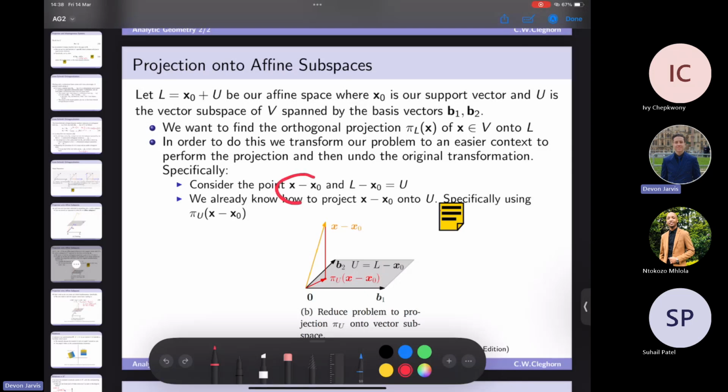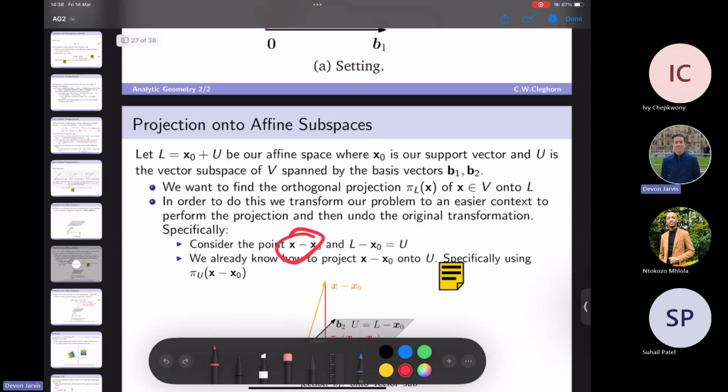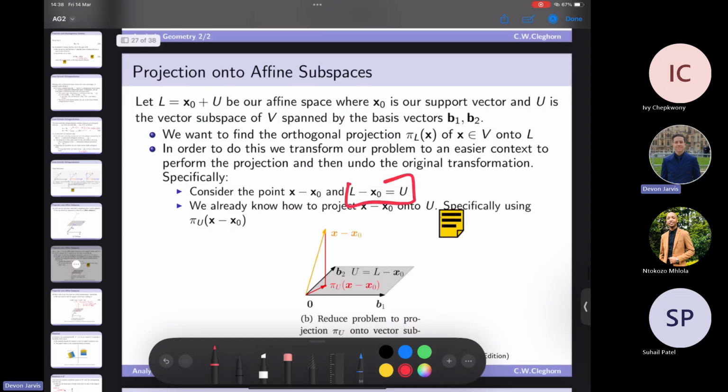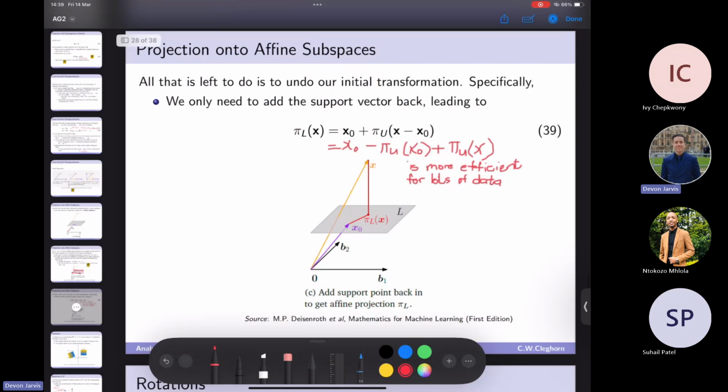So we consider the point where we're subtracting x0 from the vector itself. So we subtract x0 from x as well. We have to remember to do that. Okay. And now we're working in the vector space, which is our affine space minus the support vector. All right. And now we already know how to project this vector onto U. Specifically, you just use the vector space projection. And so you end up taking x minus the support vector, projecting that onto U. And then after that, we just shift it back up.